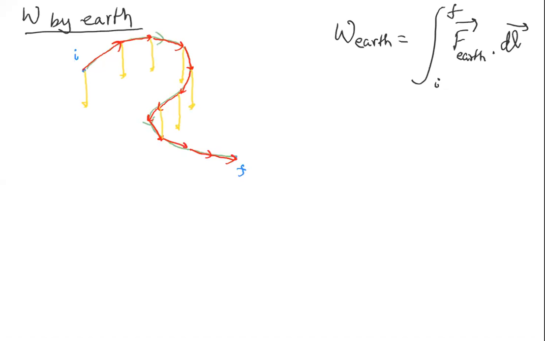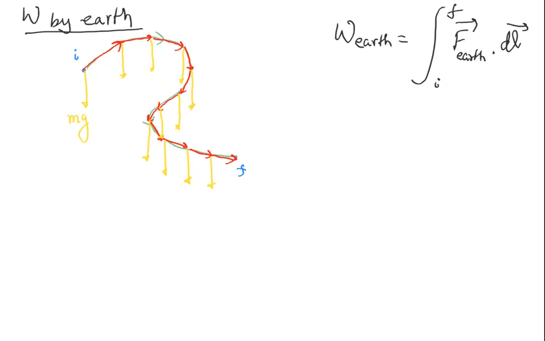Please notice that all these arrows that I am drawing, yellow arrows, all have the same magnitude and the same direction. Okay, मेरे diagram से लगे ना लगे उससे कोई मतलब नहीं. All the yellow arrows have a magnitude of mg and they are all vertically downwards. Okay.